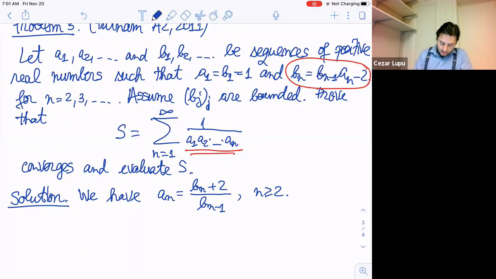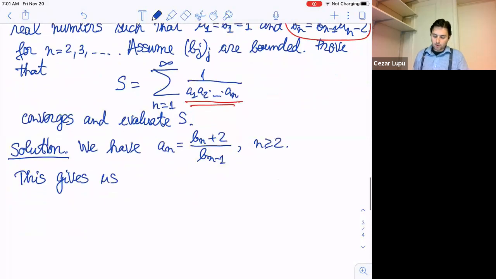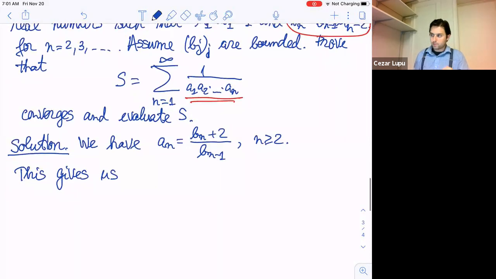So this gives us, and now let's write that guy, 1 over the product 1 over A1, A2, An, is nothing else. Now let's just use this sequence. Let's write it, so n equals 2.